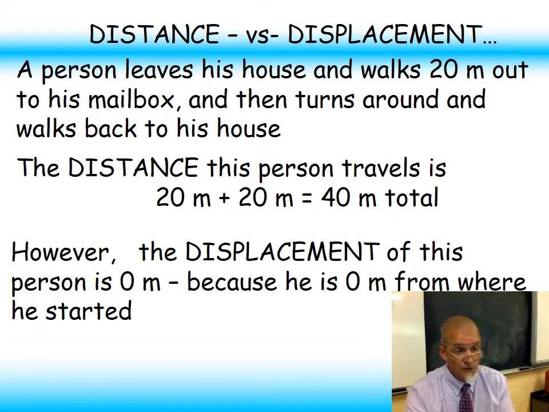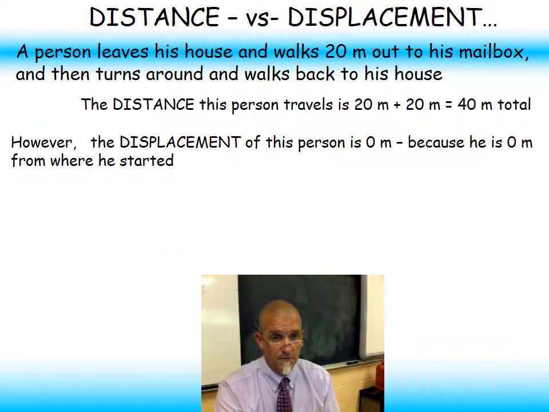But that's different for displacement. The total displacement he's traveled is simply 0 meters. He is at exactly the same place he started from, and so he's nowhere from the position from which he started. His displacement would be 0 meters. The two are very different in this case. They're not always different. Many times they are exactly the same, distance and displacement, but sometimes they're significantly different.